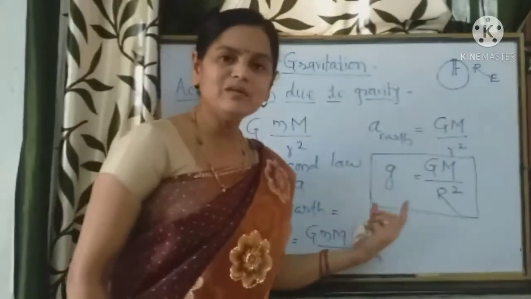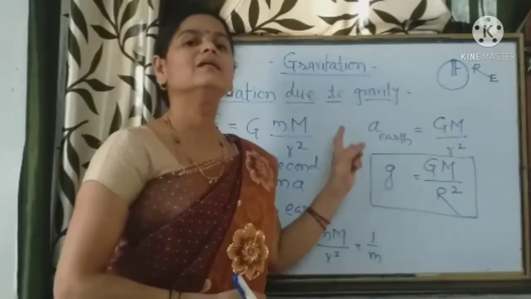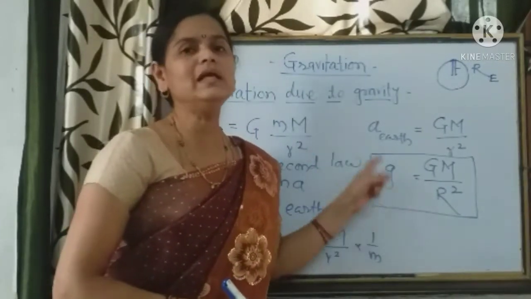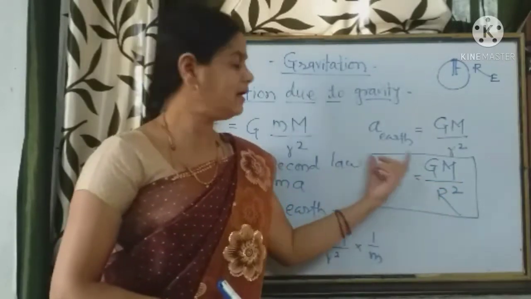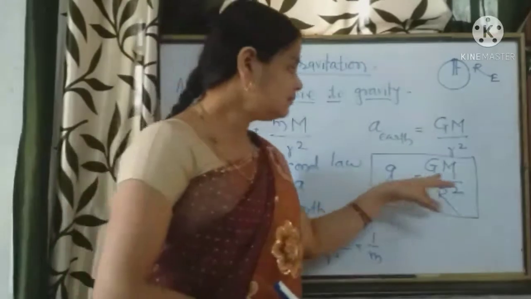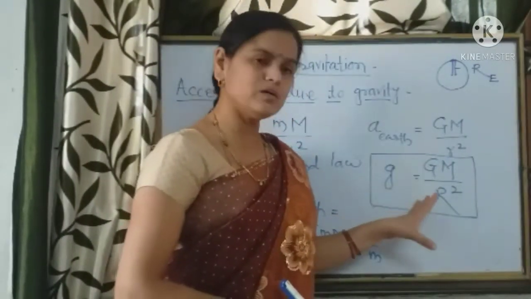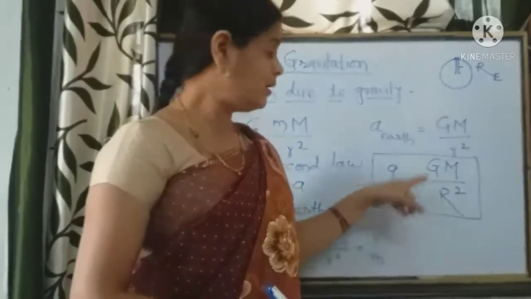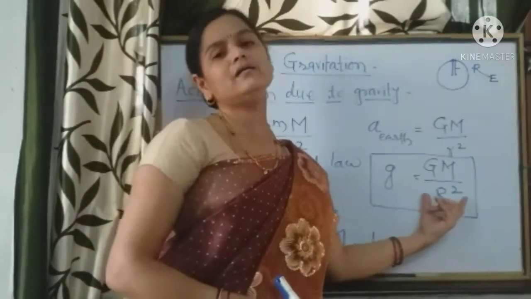From this formula we can conclude that acceleration due to gravity by the earth only depends upon the properties of the planet. Here G is a universal constant, M is the mass of earth and r is the radius of earth.